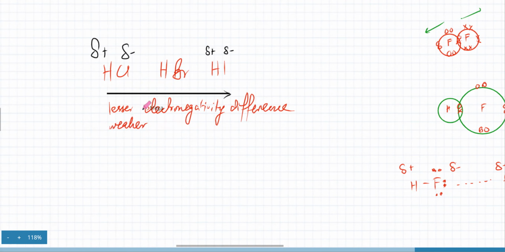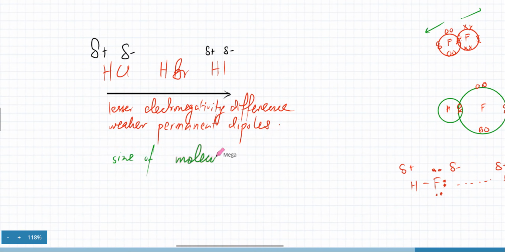Weaker permanent dipoles. So the boiling point should decrease if you go down the group, but it actually increases. And the reason it increases is that down the group, the size of the molecule increases.